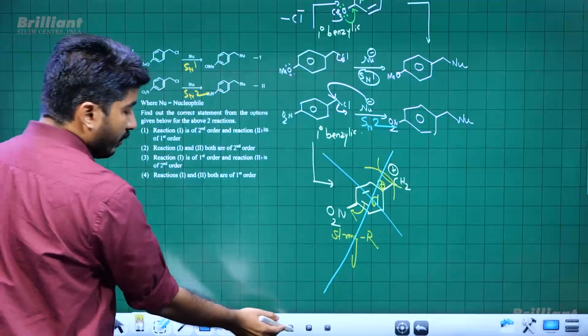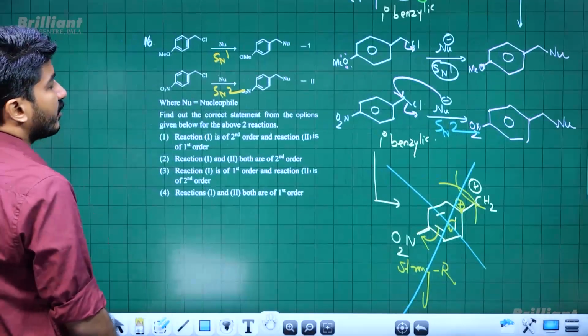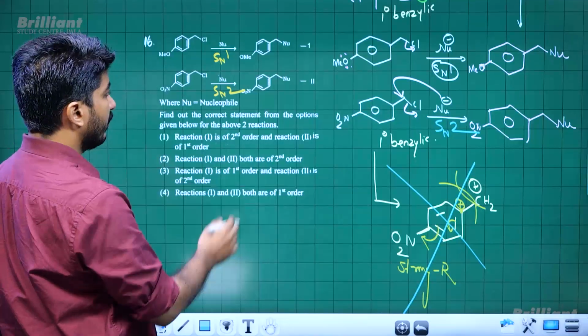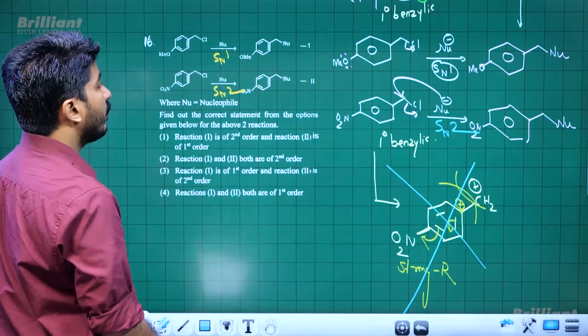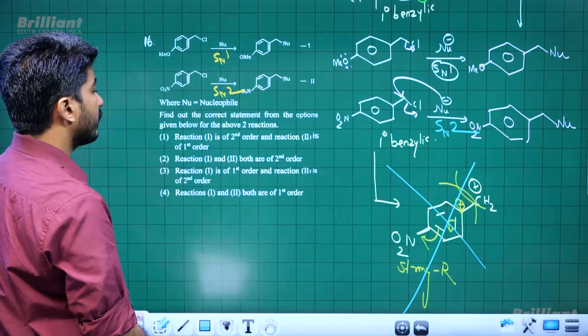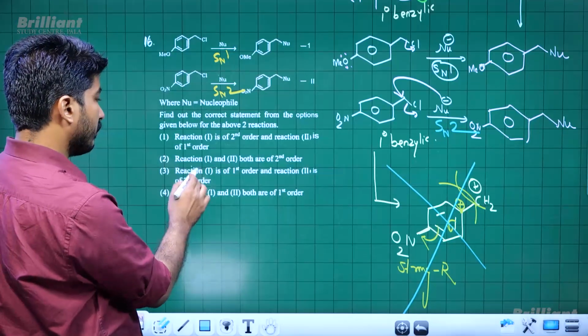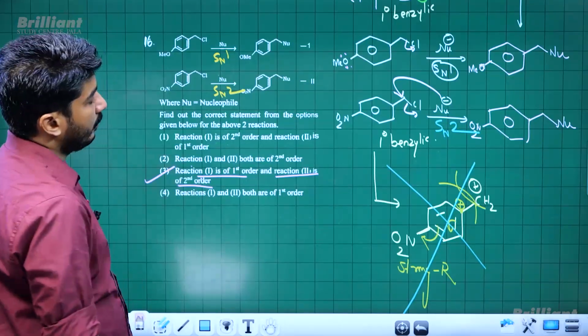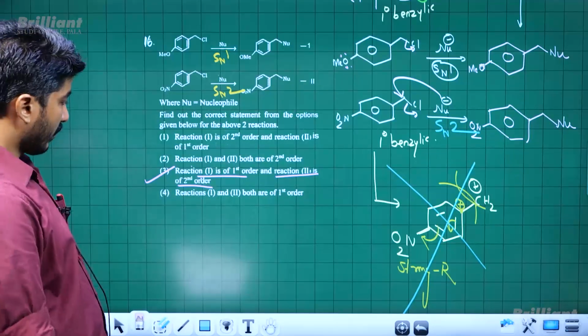As for the options: SN1 is a first order reaction, SN2 is a second order reaction. Reaction 1 is first order, reaction 2 is second order. That is the correct answer.